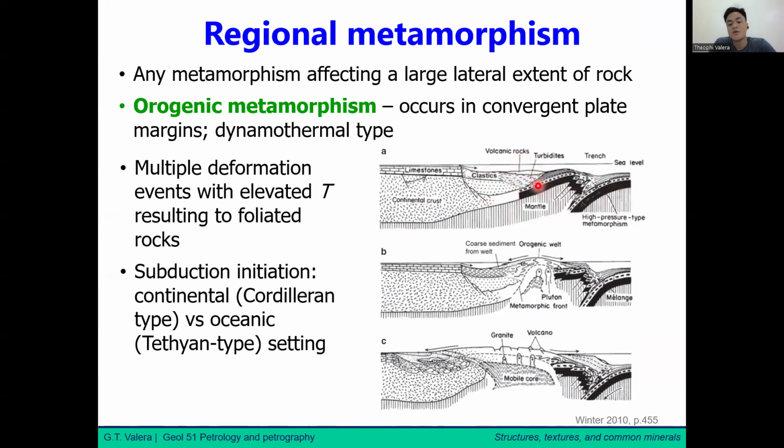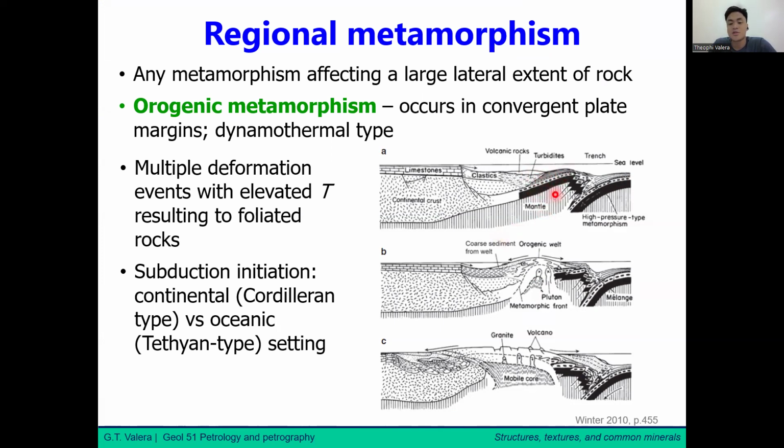Whereas here at the back, you start forming volcanoes, you start upwelling, thinning of the crust and upwelling of mantle material, resulting to high T, moderate P. Not low P because if low P, it should be almost at the surface. Okay? This is moderate P still, moderate to high actually.